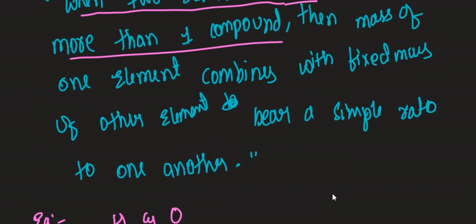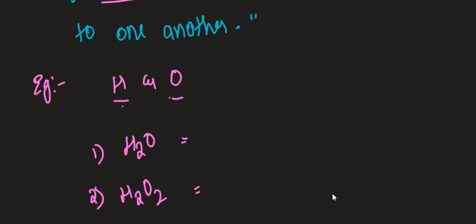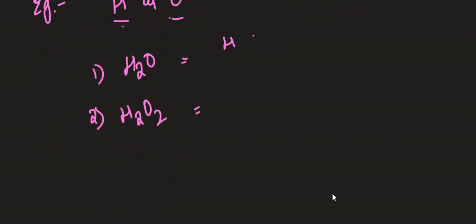Next, they have given that the mass of one element combines with a fixed mass of the other element. Let us try to understand here. What is the hydrogen mass and oxygen mass? Here hydrogen is 2 grams, oxygen is 16 grams. Here hydrogen is 2 grams, oxygen is 32 grams.